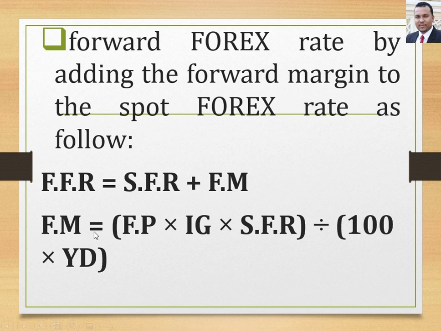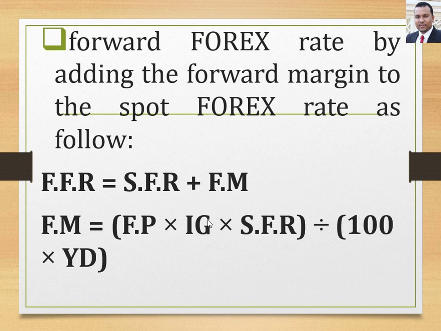Now, how can we calculate the forward margin? Forward margin equals FP, which refers to forward period, multiplied by IG, which refers to the interest rate gap between the domestic interest rate minus the foreign interest rate.